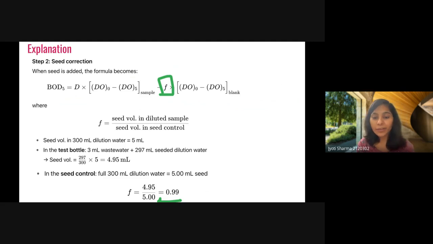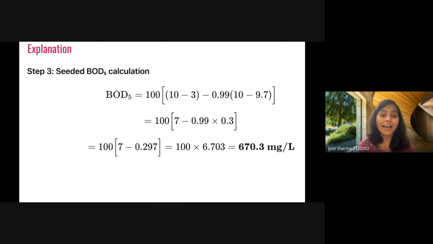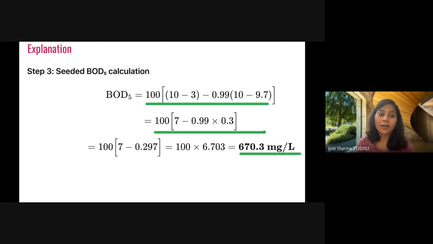So this will be your F. I don't think that in a very short time period I'm able to make you understand, but just try to understand. Then for the seeded, we do have that formula. Simply we put in the values, and this is how we get the seeded BOD 5 calculation.